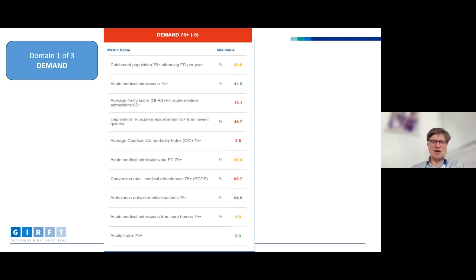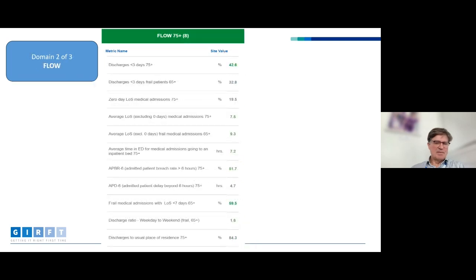If we go on to the next slide, please. And this is grouped on the flow outcomes. This is an example where we've got a doubler. In other words, we're looking at that key flow metric of discharge in less than 3 days, but one of them is for frail patients and the other is for patients less than 75, same basic measure.